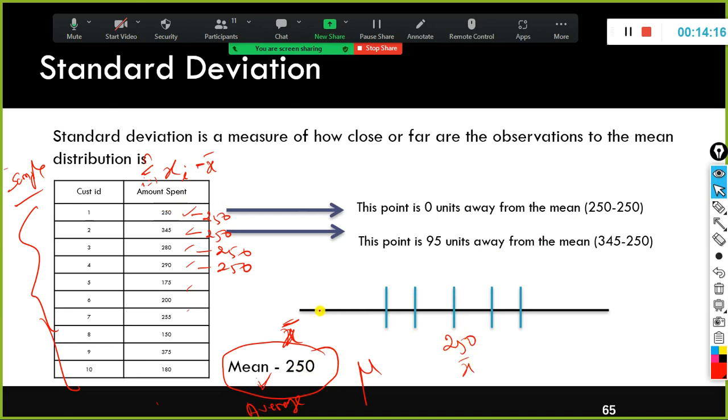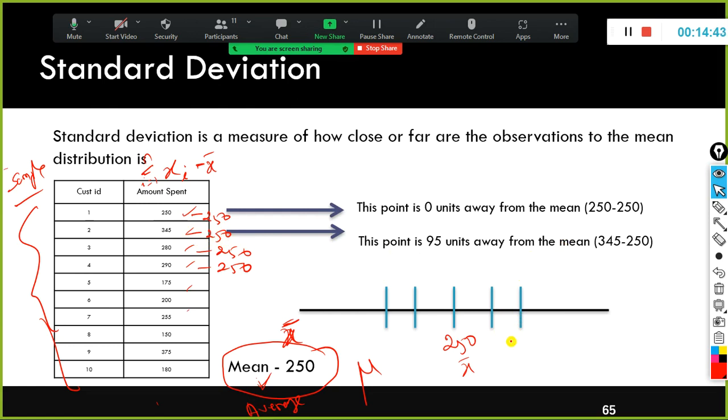If you plot it in a chart, you will get something like this. The mean is there in the middle, and the data point is also 250, so this value and the mean coincide here. The next value is 345. 345 minus 250 is 95, so it is 95 units away from the mean.